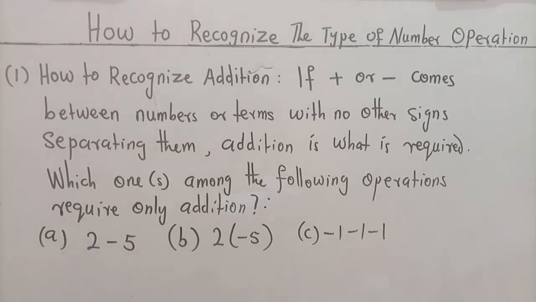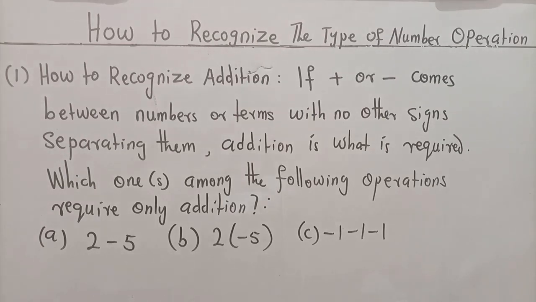What are we doing with 2 and 5? Are we going to carry out addition with them? Are we going to carry out multiplication with them? Are we going to carry out division with them? Let us go back to how to know if it is addition. This is a number, and this is a number.